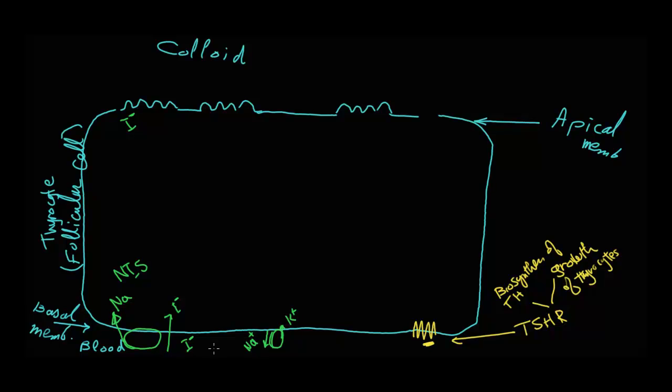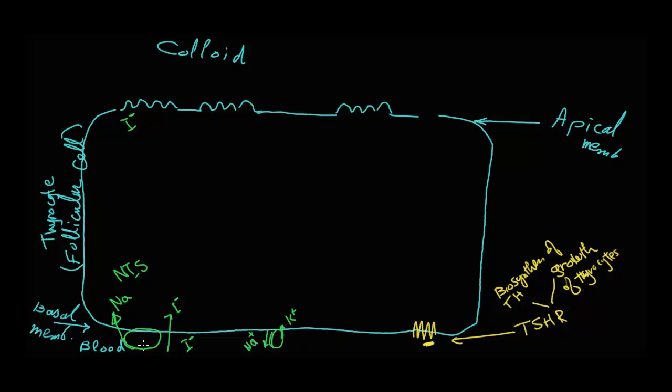This step, the active transport of iodide across the basal membrane into the thyroid cell, which is called iodide trapping, is stimulated by TSH.